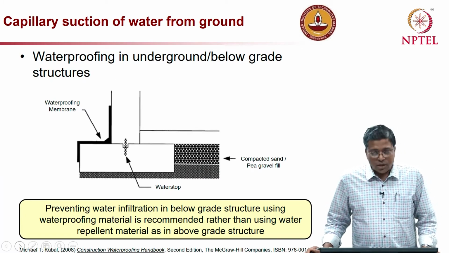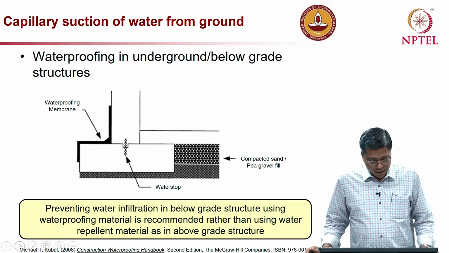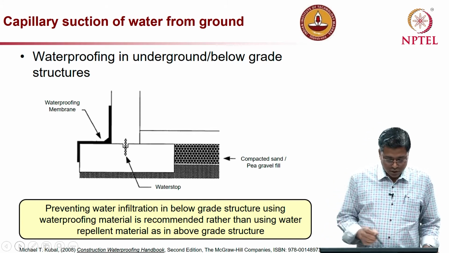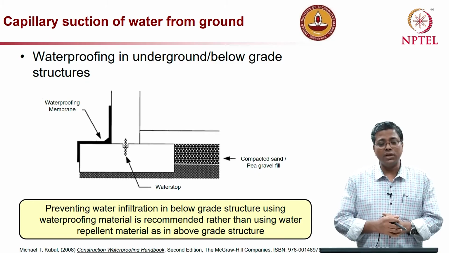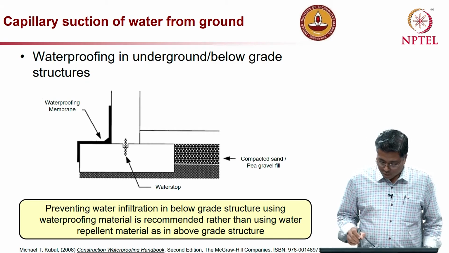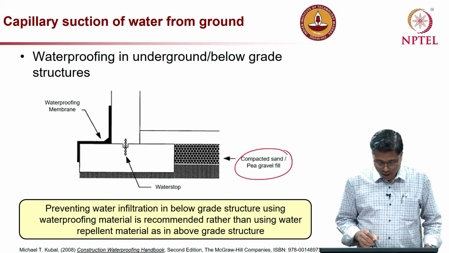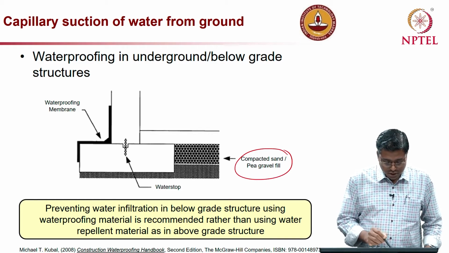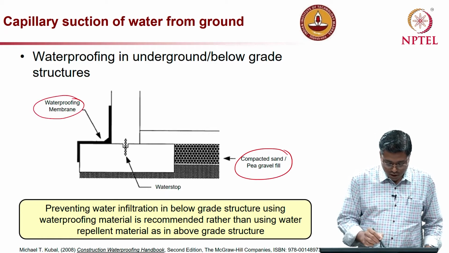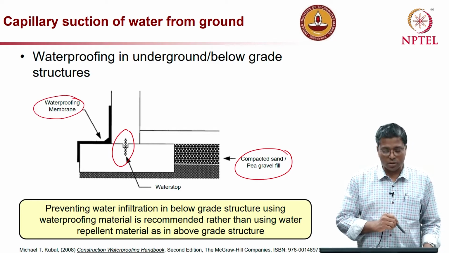Now, capillary suction is a very common problem in most buildings, especially on the ground floor. Here you can see compacted sand or gravel fill, and then the two systems you are seeing here: one is the waterproofing membrane, the other is the water stop.